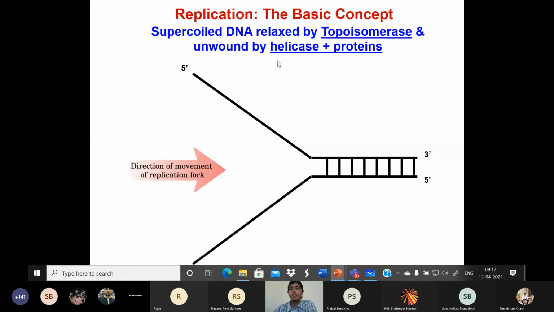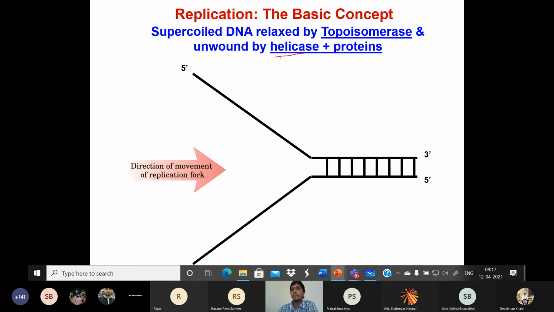So that is semi-conservative replication. But supercoiled DNA is relaxed by topoisomerase, and here we are not showing the supercoiled DNA yet. I will show you right now. Then this hydrogen bond can be broken by an enzyme called helicase.